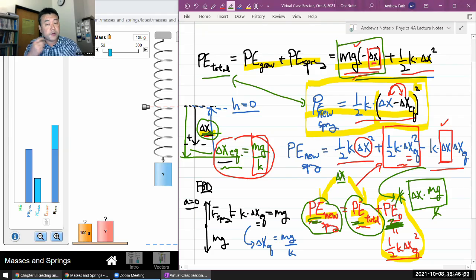And in situations where you can't, maybe the mass comes off of the spring, then you have to treat them separately and analyze in that way. Because when the stretching of the spring decouples from the height of the mass, this representation depends on those two things always being tied.